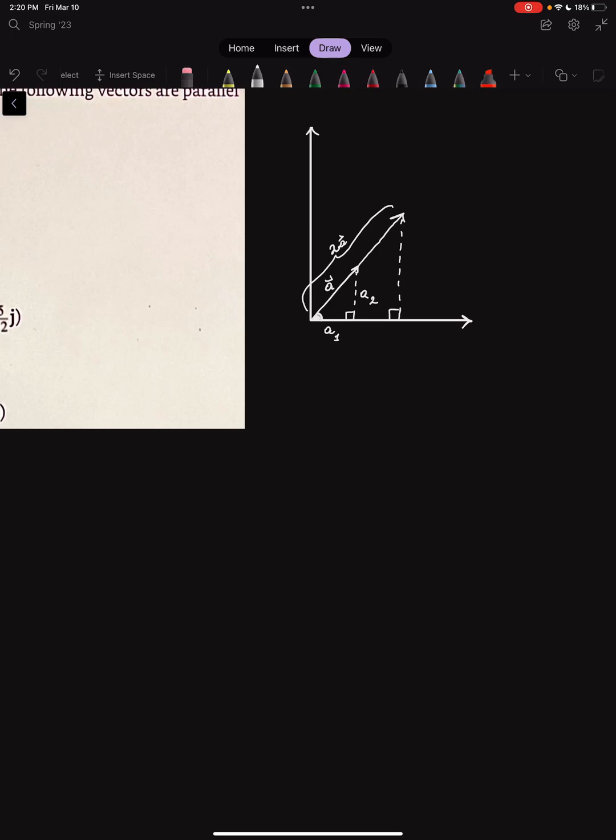The scaling factor for similar triangles is the same for all sides. So the vertical component of our bigger vector is going to be 2 times the vertical component of our original vector. And that is the same for this one right here. It's going to be 2 times A1, right?